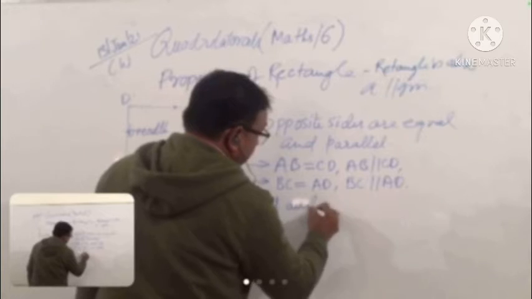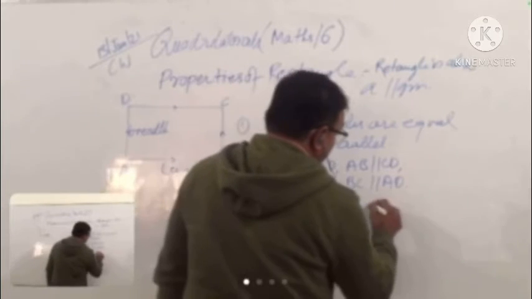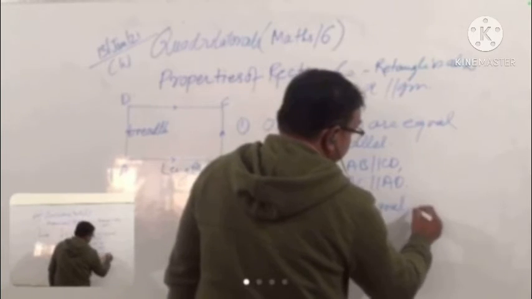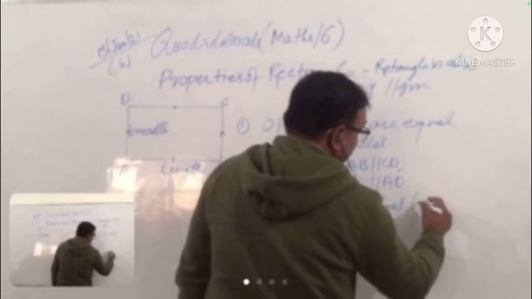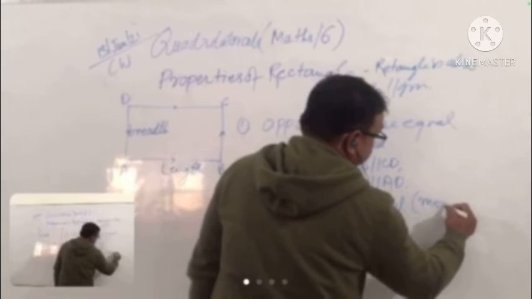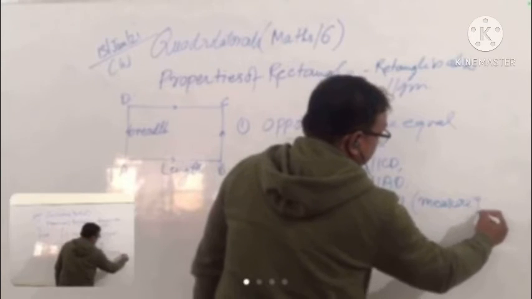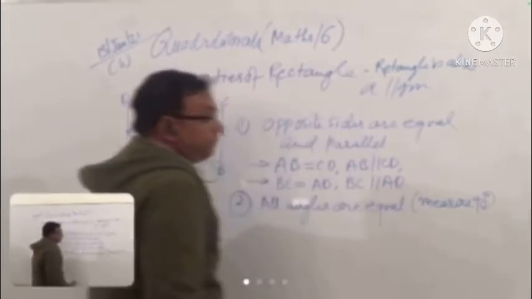And the second property is all angles are equal, which is equal to 90 degrees, means all angles measure 90 degrees.